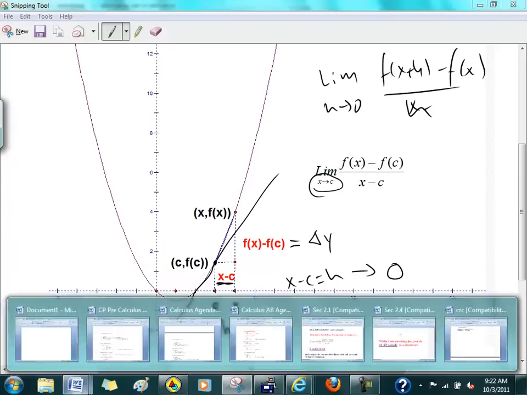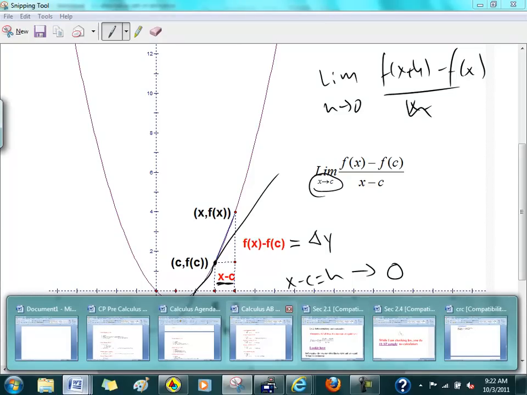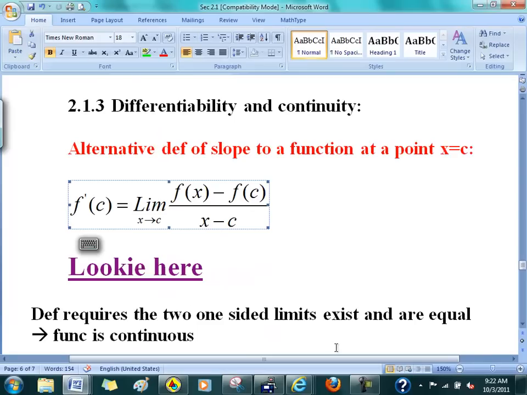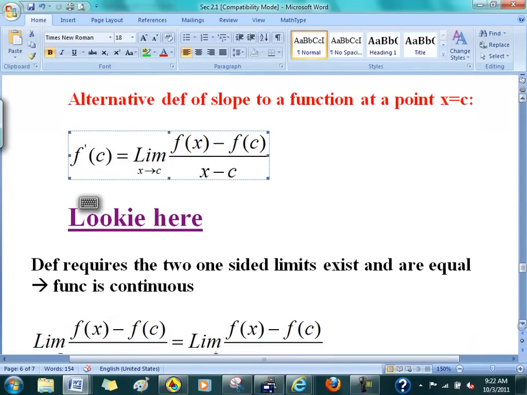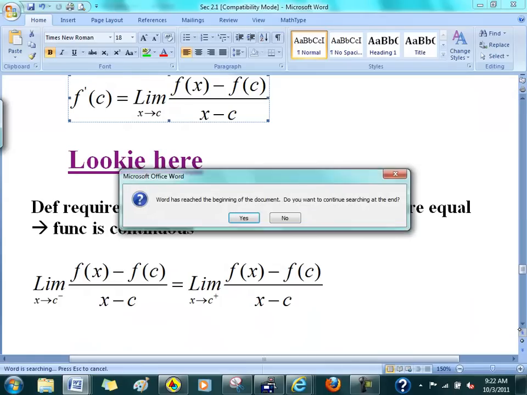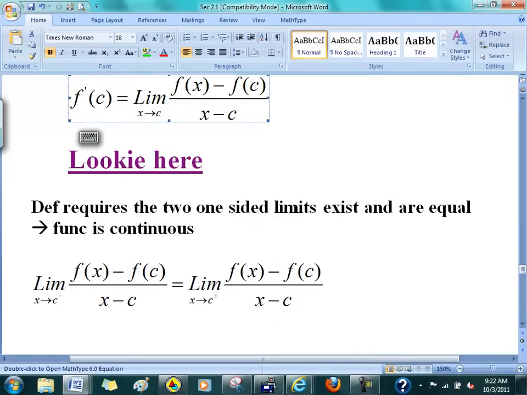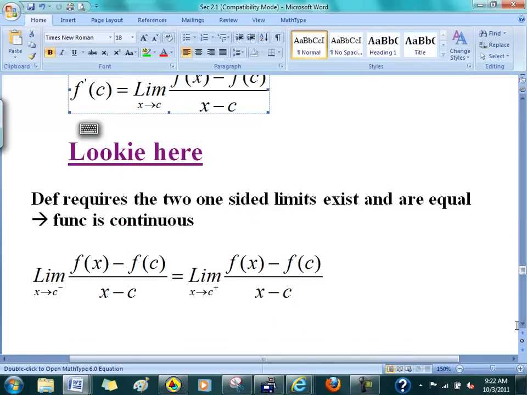All right, so if you go back to 2.1, what this is saying is that we need these two limits to exist and be equal, which then implies that a function is continuous.